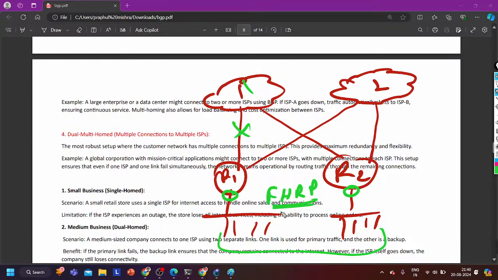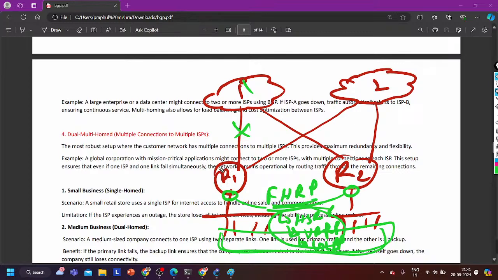Actually FHRP is a family, right? There are multiple family members like HSRP. In switching we will learn this protocol. VRRP, right? Then GLBP. So with the help of this protocol, we will create one virtual IP address with the help of these two physical IP addresses, and that virtual IP address will be the default gateway for all end devices, right?